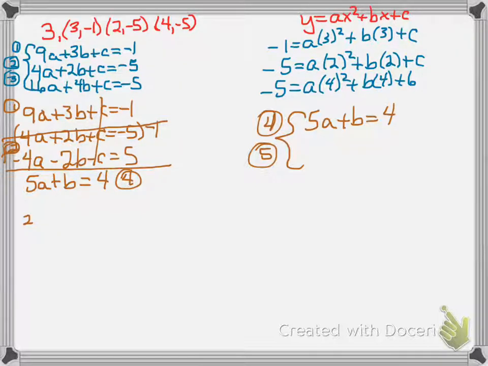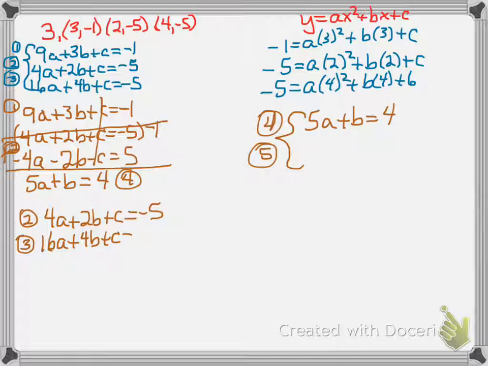I'm going to take equation number 2 and equation number 3. So 4a plus 2b plus c equals -5. And number 3 is 16a plus 4b plus c equals -5.